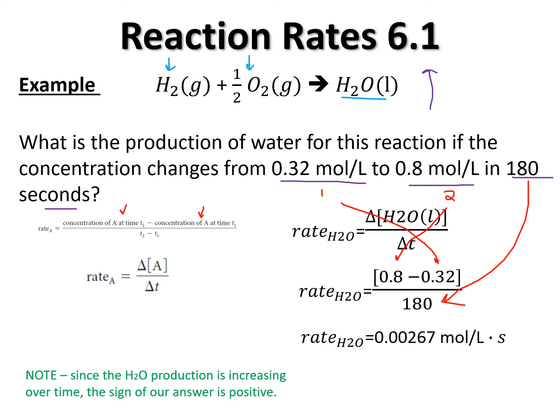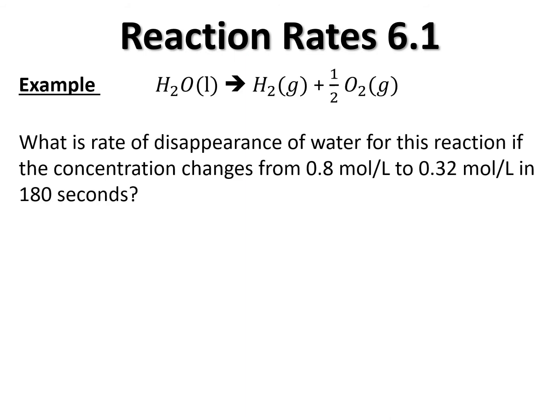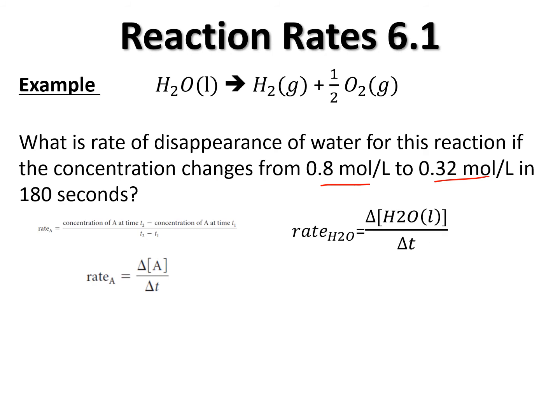What if we make this the decomposition of water? Same things here. Of course, now water is decreasing, so I flipped the concentrations around to make sense because the water's concentration is decreasing. So there's our equation. We're after water again, and I have flipped our signs.